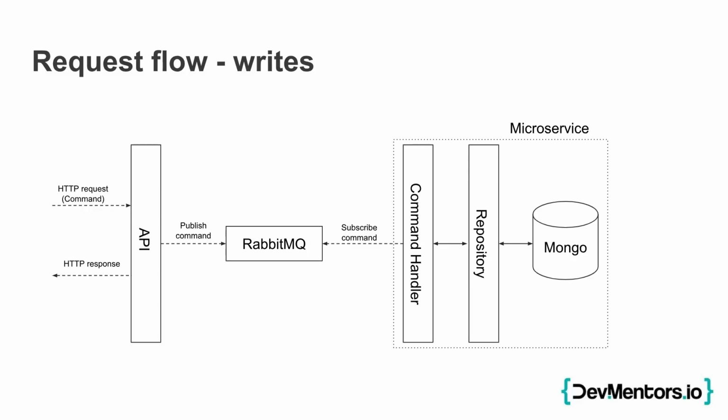So as you probably guess, when we have some create product command, the command handler will actually create a new instance of the product class, and using the repository pattern, this will be stored inside, in this case, MongoDB or whatever database you will use. In our case, this is MongoDB.